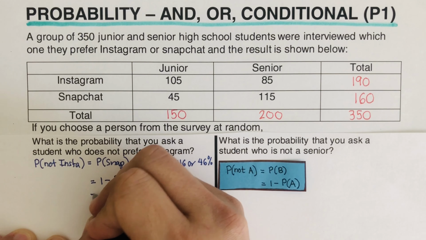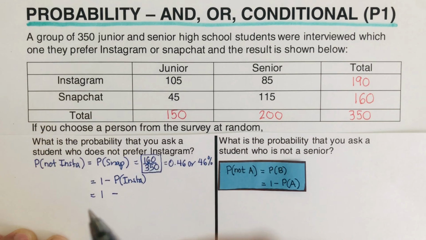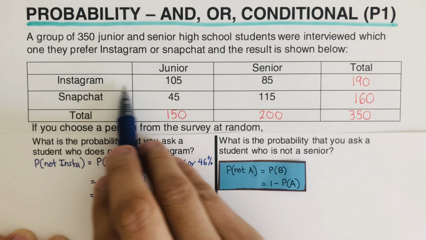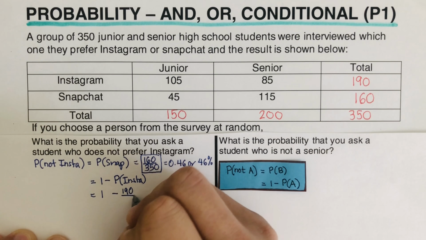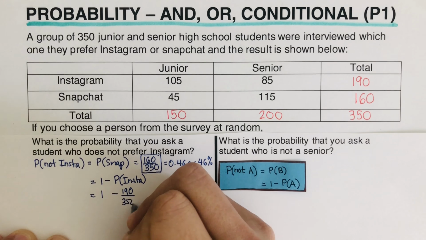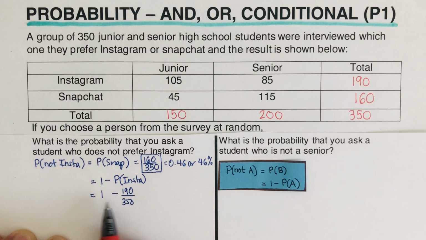So to do this, that would equal 1 minus the probability that they prefer Instagram, which is 190 over 350. We can't subtract these directly because they don't have the same denominator.